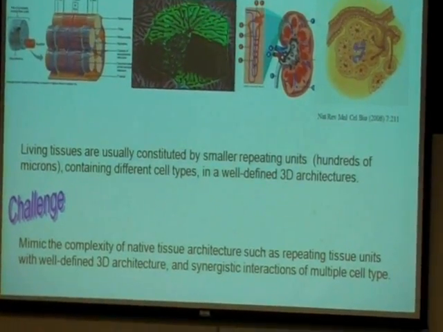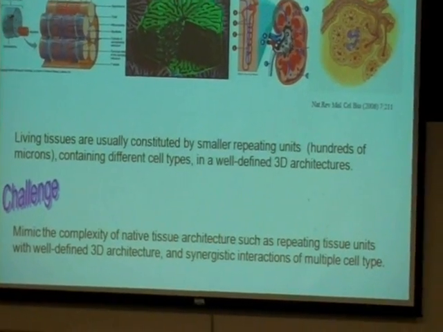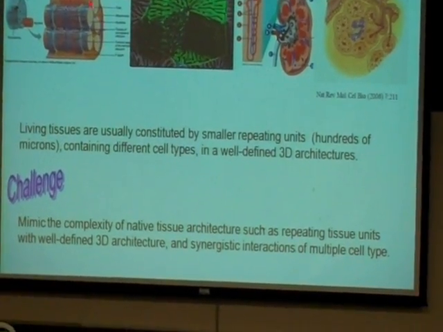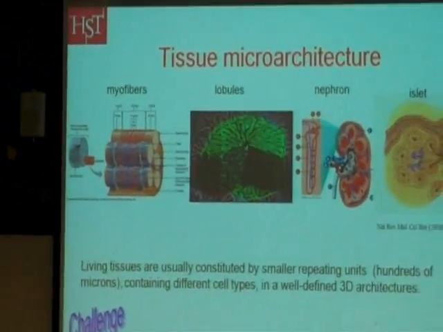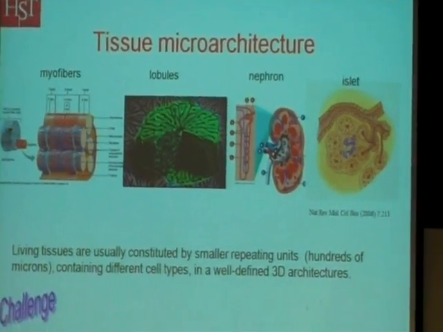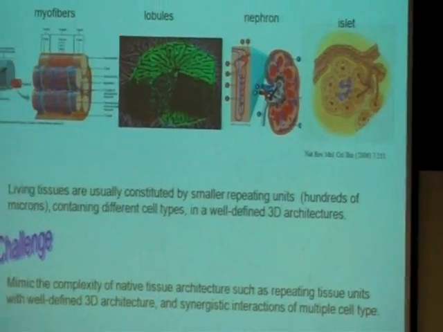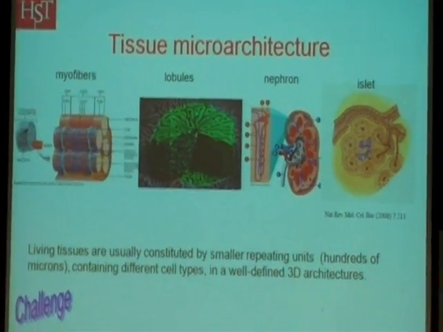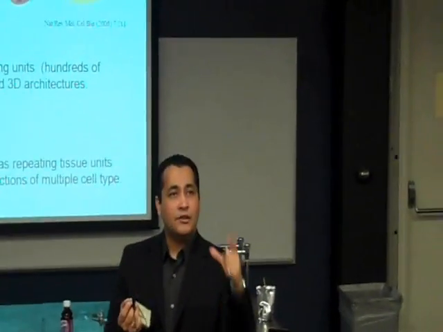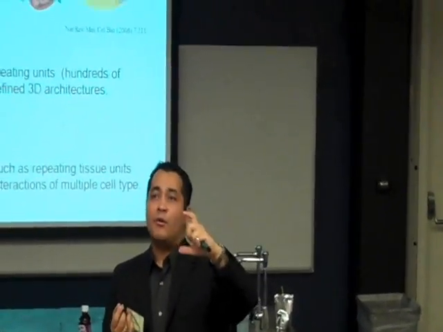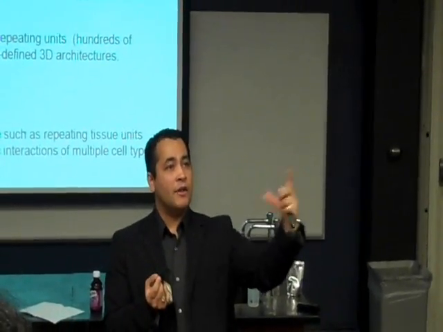So one of our approaches is to ask, can we actually engineer a functional unit using engineering approaches that I'm going to talk about, and then assemble these functional units together? What's interesting about each of these functional units of the tissue that you see here is that each one of the units has all the metabolic or mechanical function of the tissue.